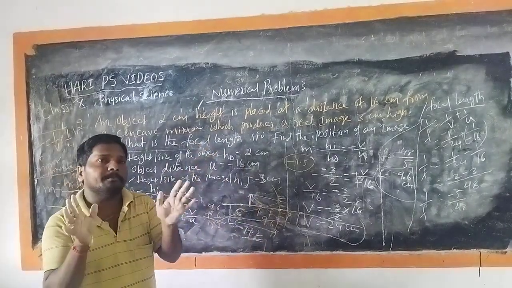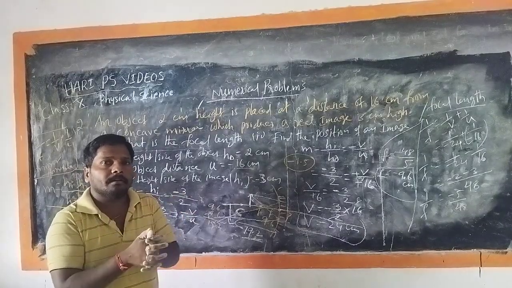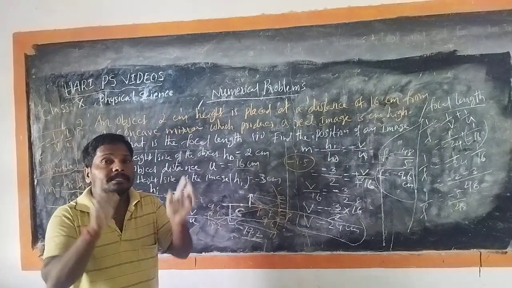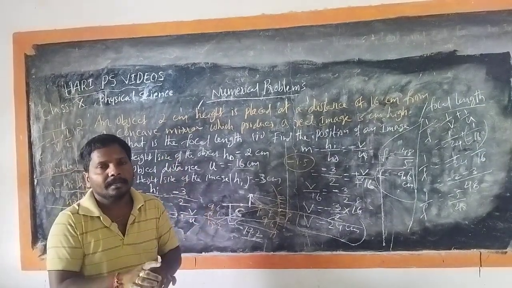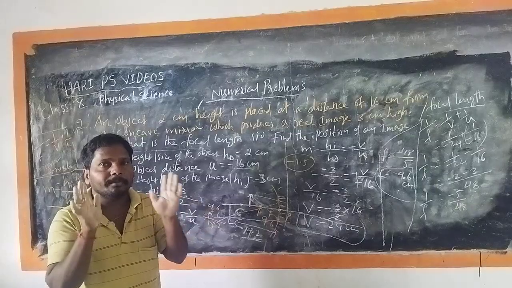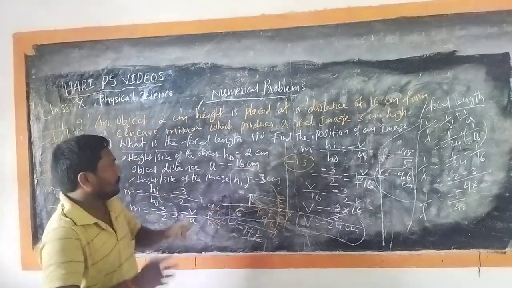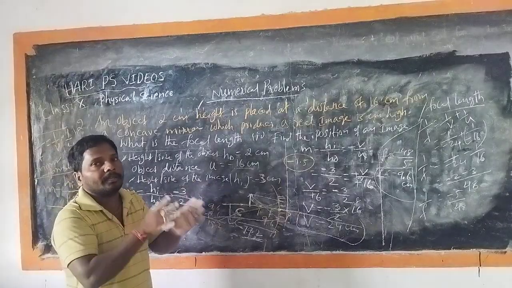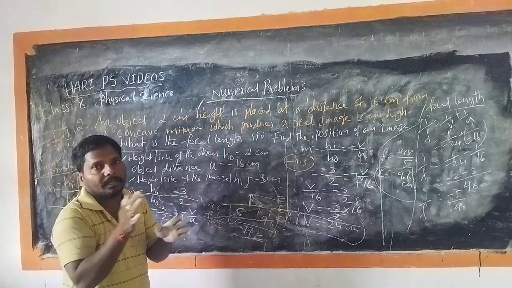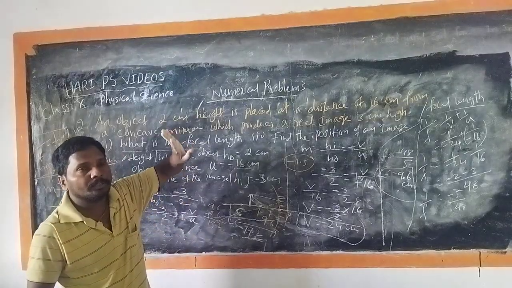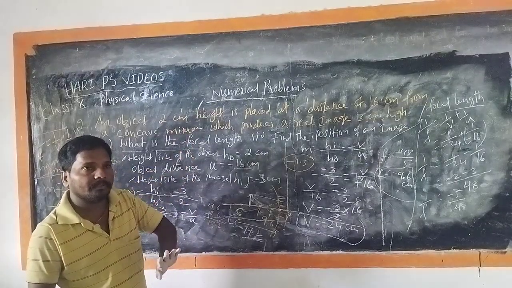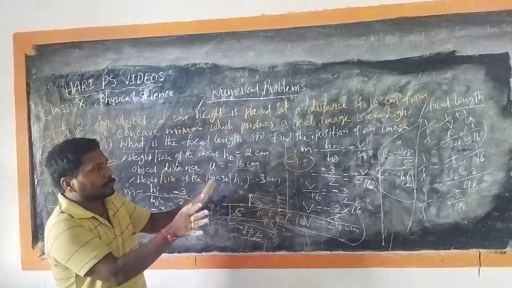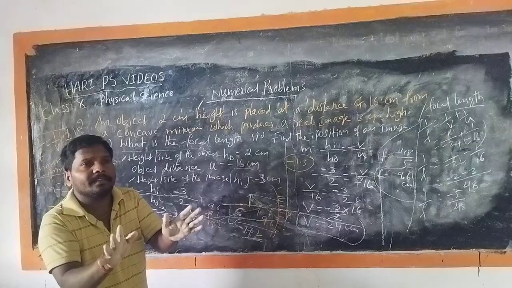Numerical problems are very important from the examination point of view. Once again I am telling you, sign convention rules must be kept in mind, because of giving plus or minus for the object distance and the image distance. Apply the suitable formula and understand the given values.